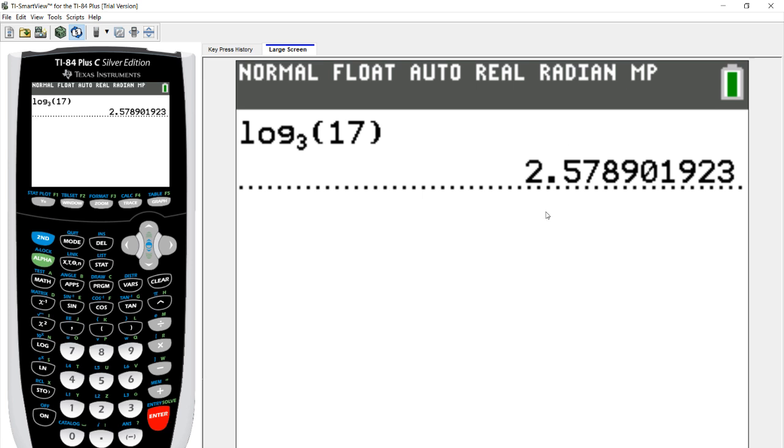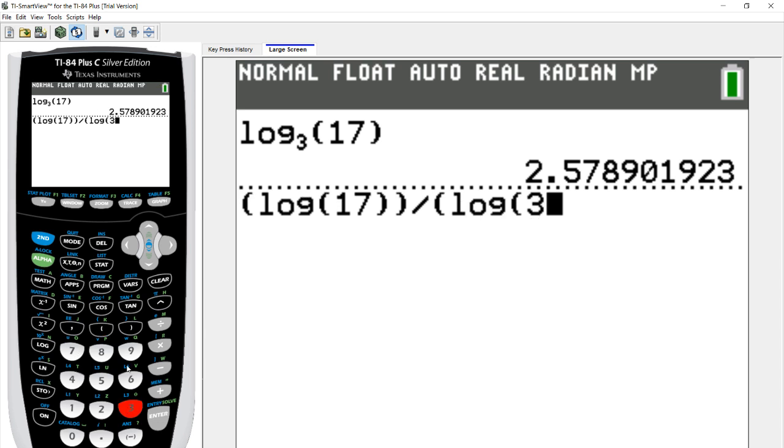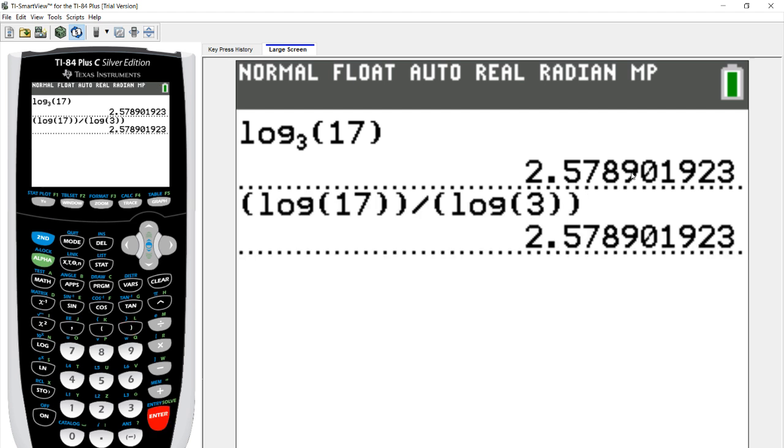Now I'm going to show you using the base change formula. I'm going to do parentheses, the log of 17, close that and then close the numerator. And that's going to get divided by the denominator, which is going to be log base 3. Close, close. So I'm saying those two are equivalent, and we should get 2.5789.